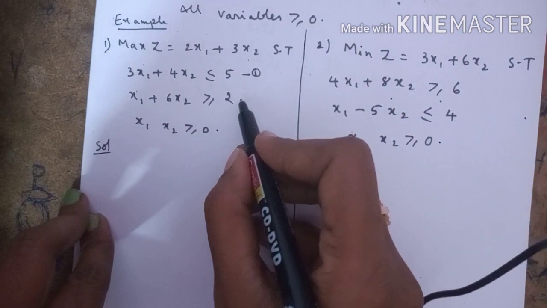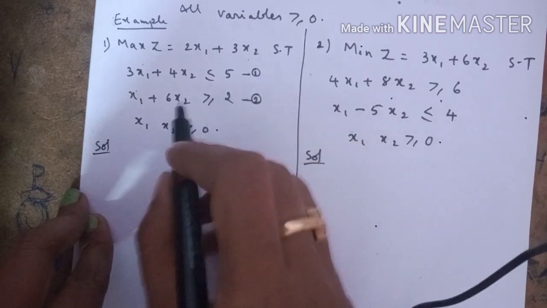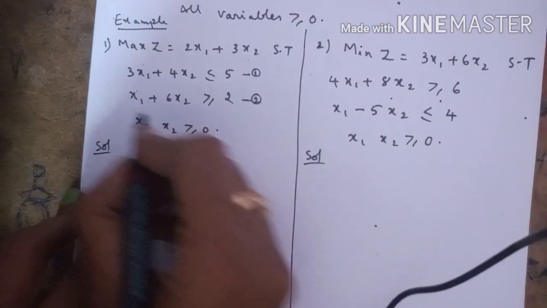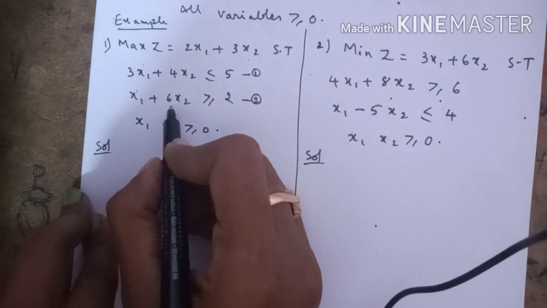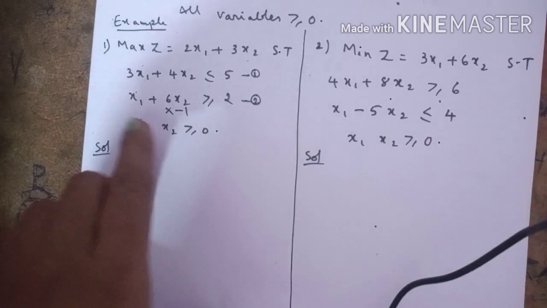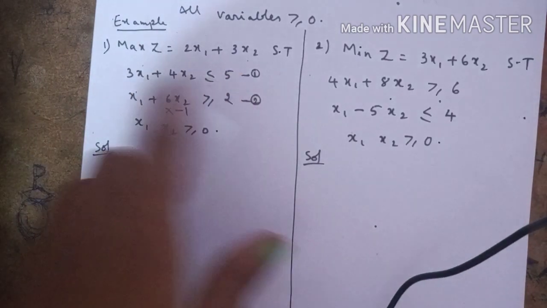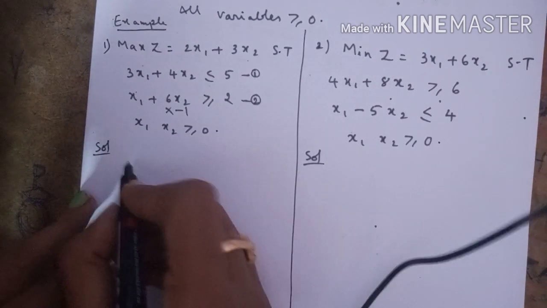The second one has the greater than or equal to symbol. We have to convert this second one into the less than or equal to symbol by multiplying the second constraint on both sides by minus 1.